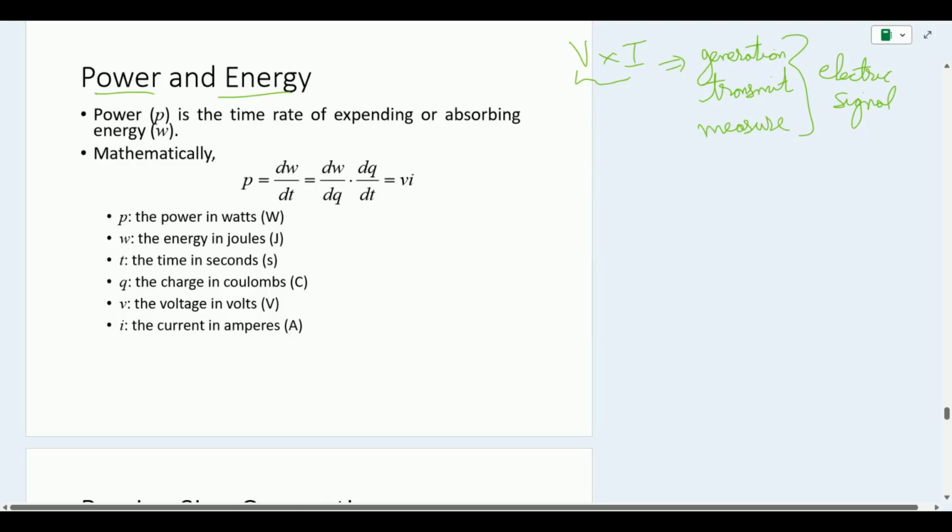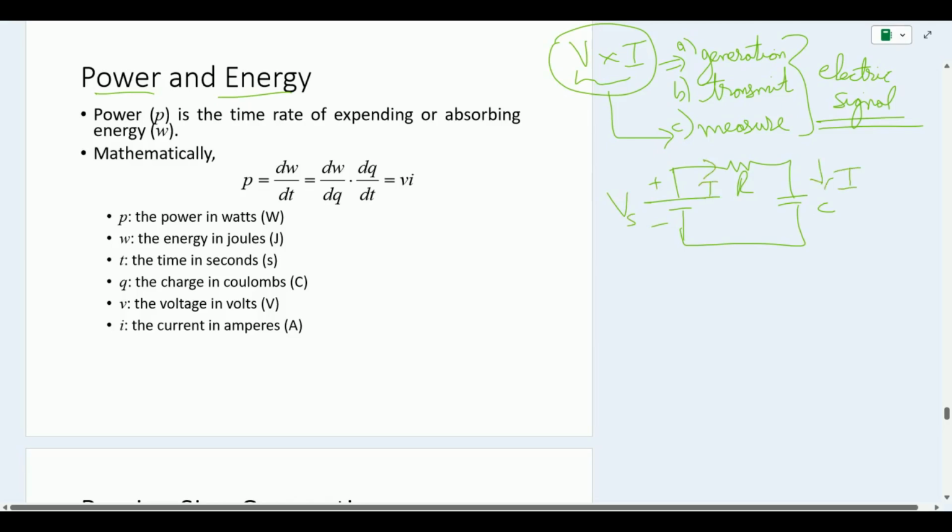So this is what electrical engineering is all about, talking about electrical signals in these three categories, A, B, and C. And voltage and current are basically used to measure the electric signals, which means that if we have any electric circuit model, let's say this one, where we have a capacitor, resistor, and voltage source, we need to measure how much is the voltage source, how much current is flowing through this resistor, how much current is then appearing. So these are basically measured at any instance of time.